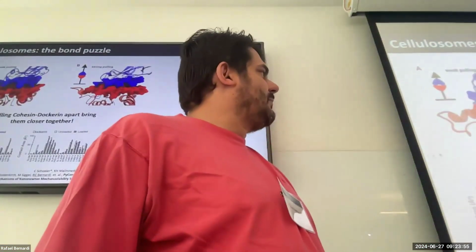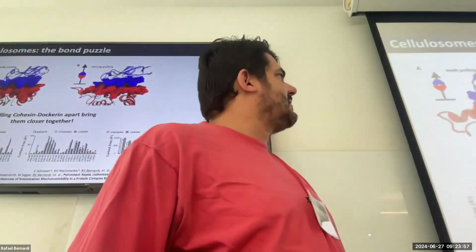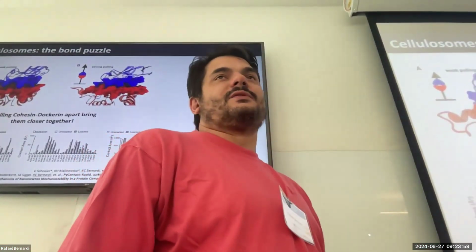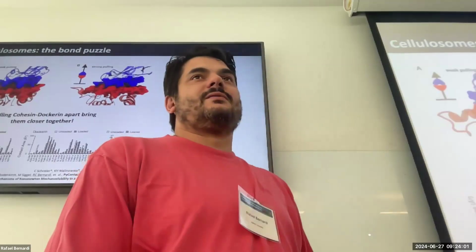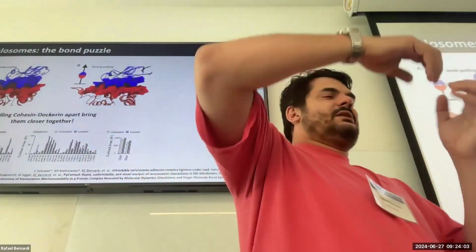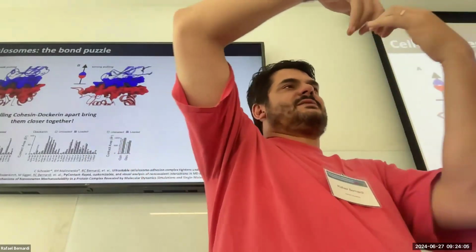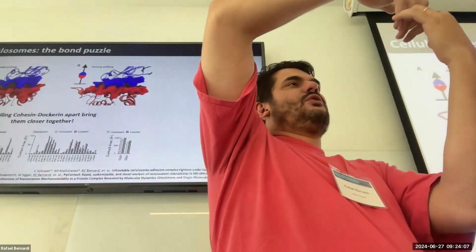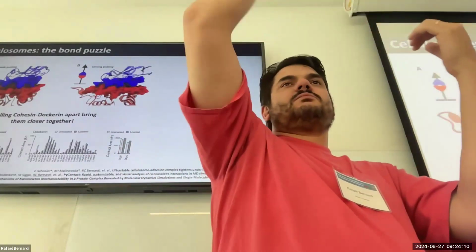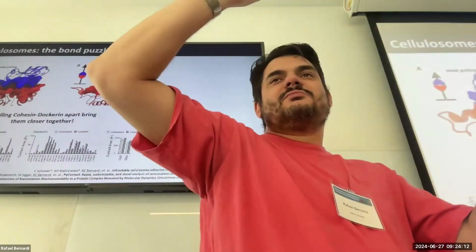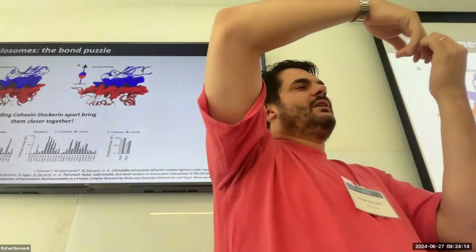The simulations were able to show us the system before we apply a high force, and the system after we apply a high force. What happened is you have those two flat surfaces, and if you don't apply any force, they form and unform normally. They're not special. They have a regular KD.